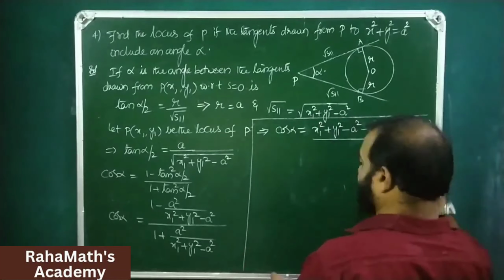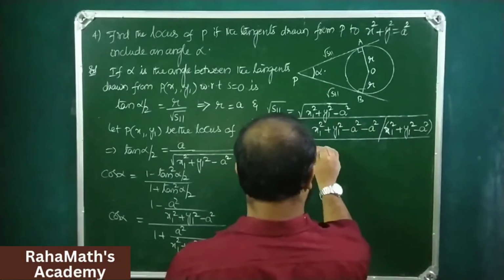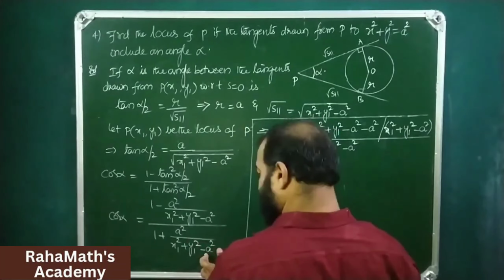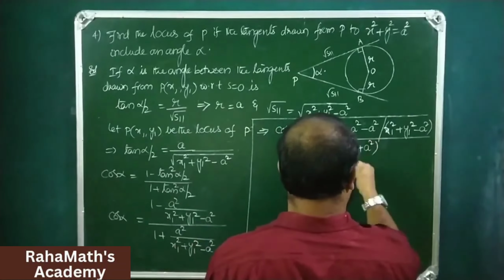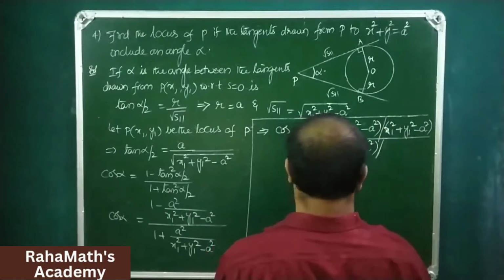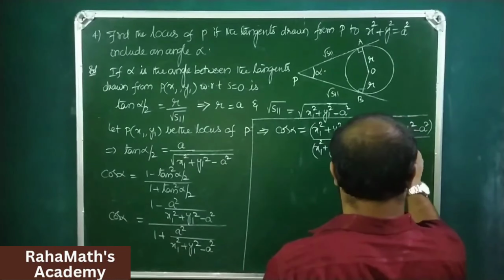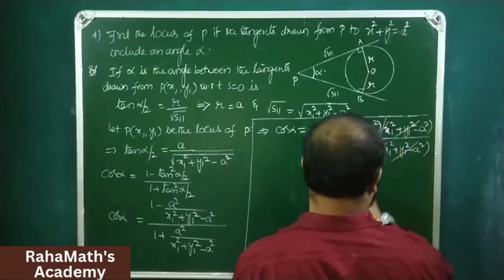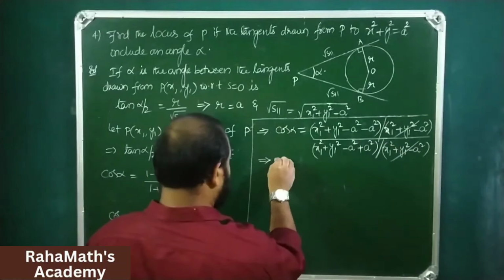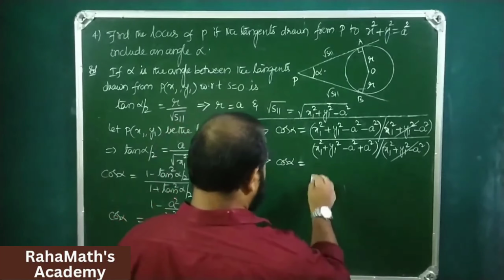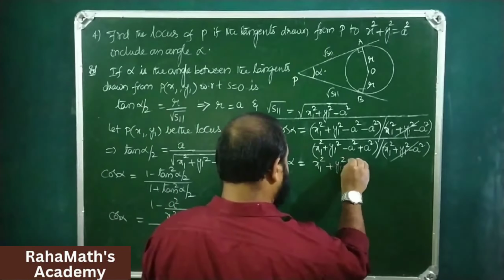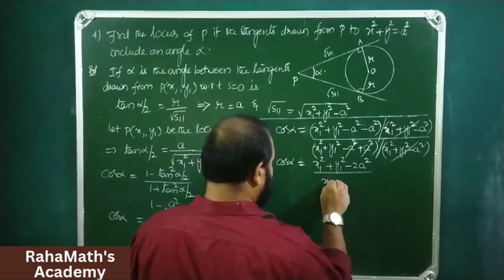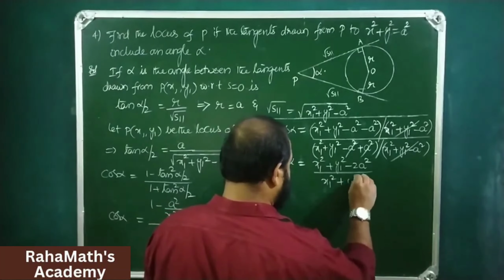The denominator is (x1 square plus y1 square minus a square) plus a square, over (x1 square plus y1 square minus a square). Both these denominators will cancel. So cos alpha is equal to (x1 square plus y1 square minus 2a square) by (x1 square plus y1 square).